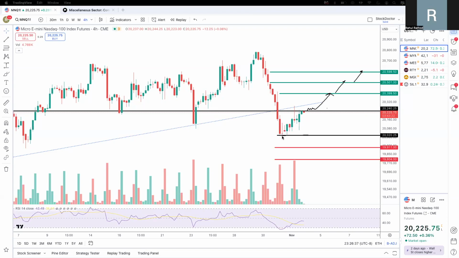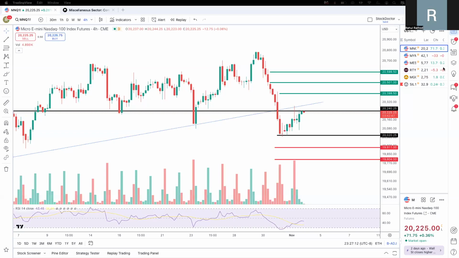If Nasdaq 100 stays below 20,000, then you can see the levels of 19,900, 19,800, and then again 19,690 and below. So this is a very important number for the downside, and 20,240 is an important number for the upside.